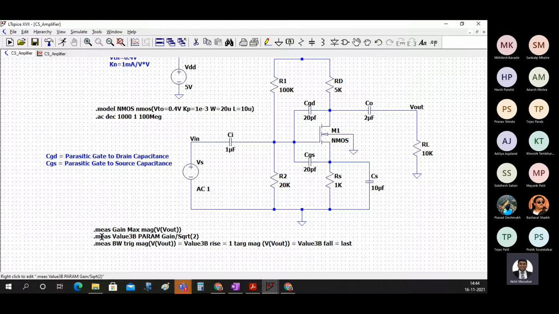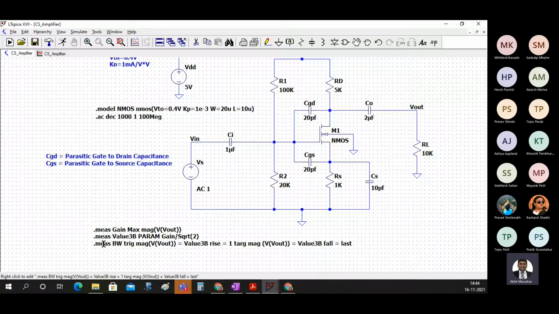Now, I want FL and FH. So then I write the third statement, that is .measure bandwidth. Now I have written another command after that, that is TRIG.